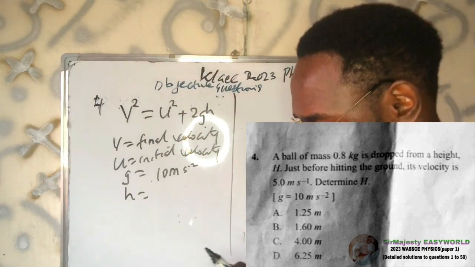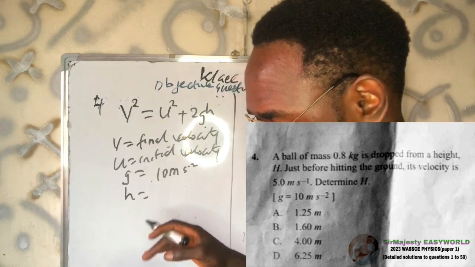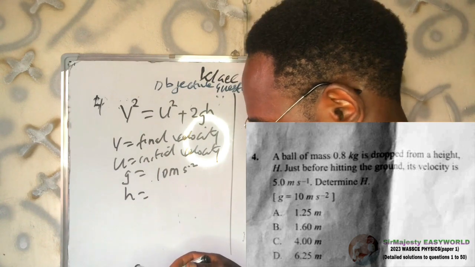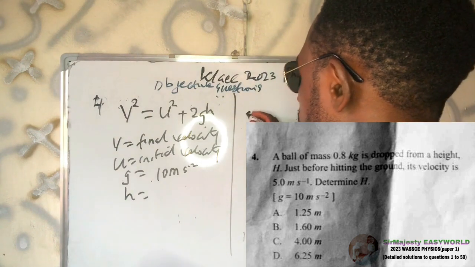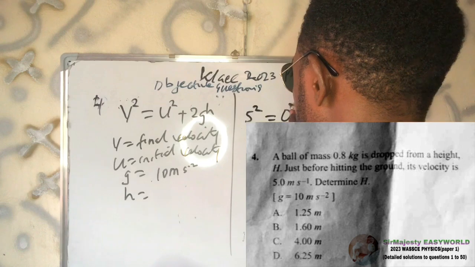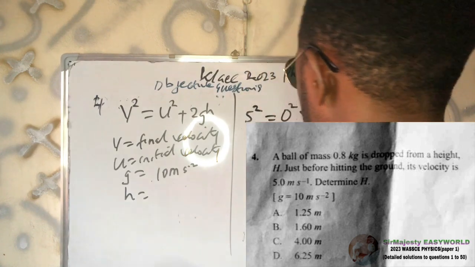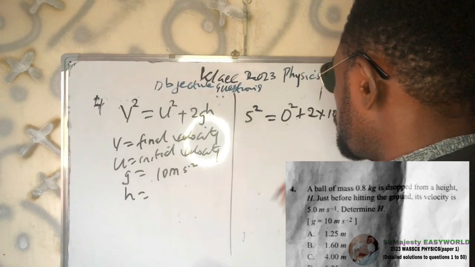So substituting our values, since the ball was dropped from a height, the height is unknown. The initial velocity is 0, and when it hits the ground, its velocity, that's the final velocity, is 5. So we're going to have 5 squared, because that's the final velocity, equals 0 squared, because the initial is 0, plus 2 times 10 times h.